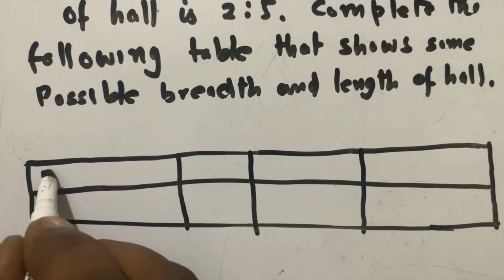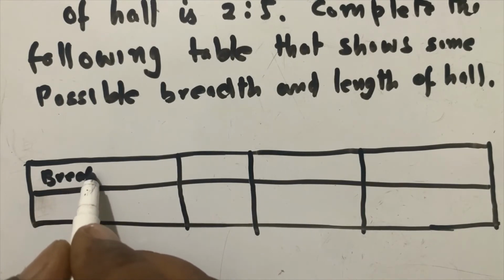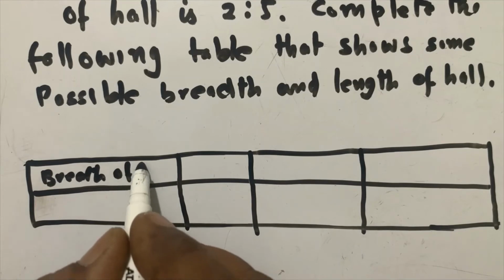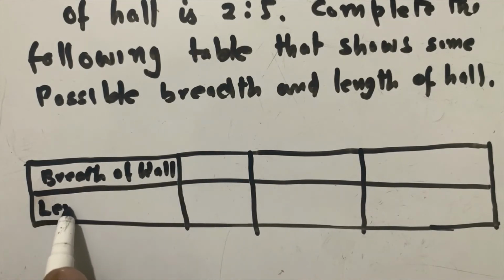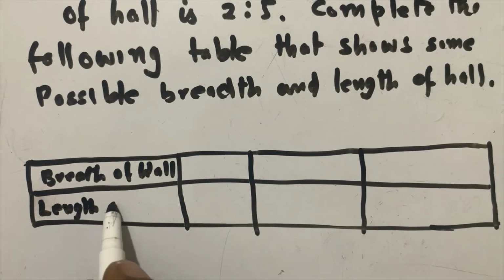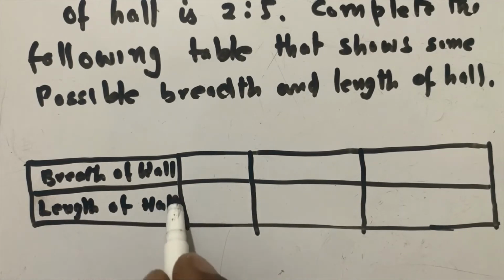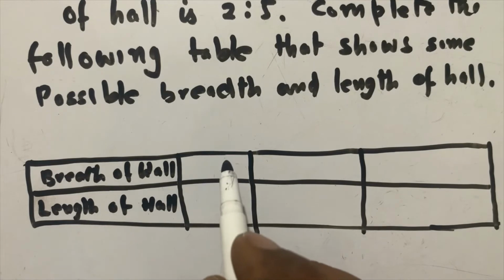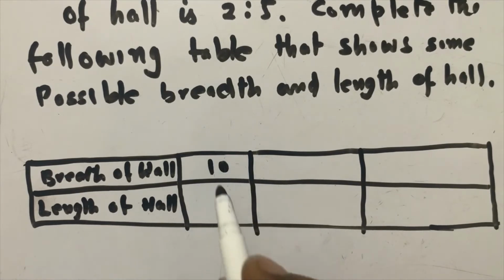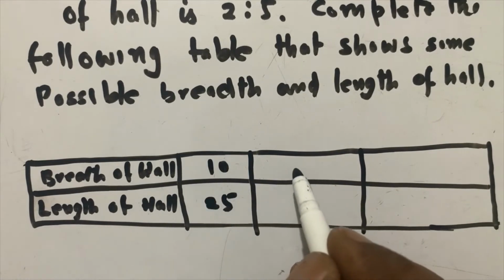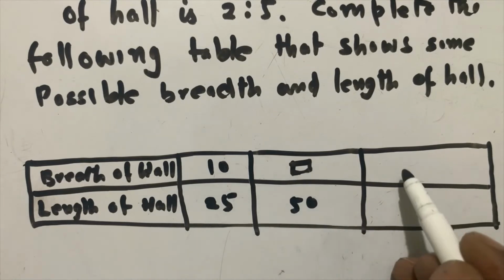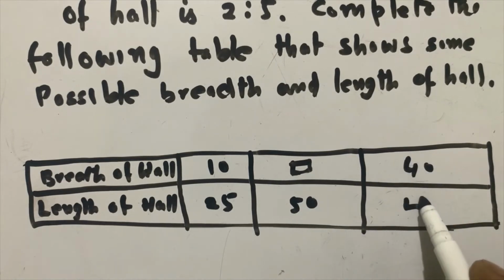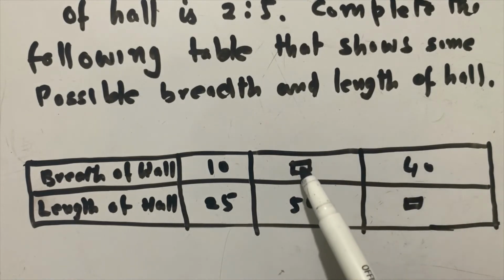Breadth of hall, length of hall. First 10 upon 25. This value is empty. This value is given 50 and this value is given 40. This value is empty. We have to find the value of this and this.